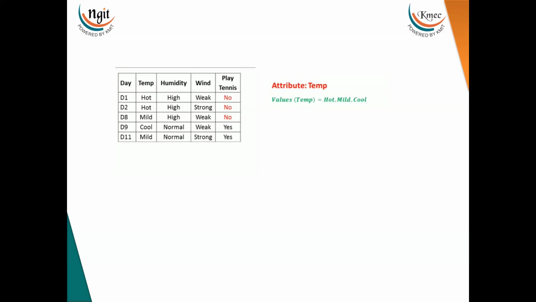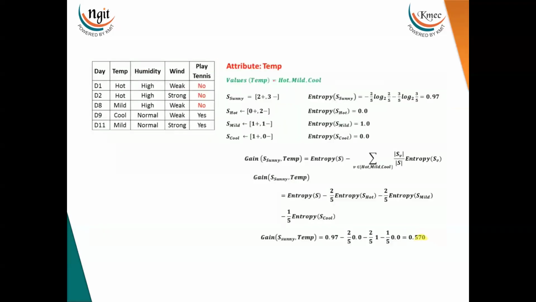Now here, again the same procedure we have to follow: we have to find the information gain of temperature, humidity, wind. See here. In temperature, we have 2 hot, 1 mild, 1 cool. The same thing I have written over here. So the entropy of this: as S sunny, we have 5, in this 2 plus 3 minus.